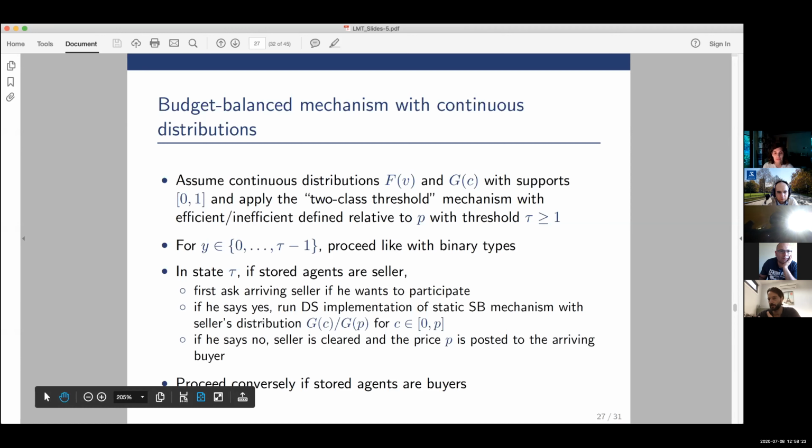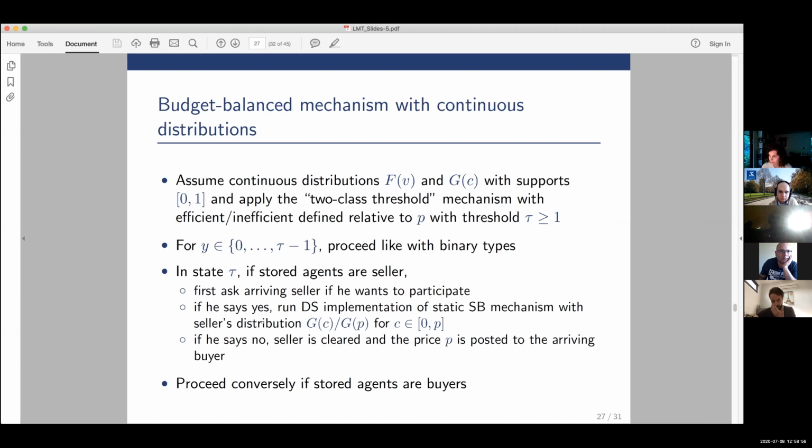And if the seller says no, you just reject the seller, and the buyer is going to trade if and only if he's an efficient type, right? If and only if his type is above P. So if you look at the dominant strategy implementation of that second best mechanism, that induces dominant strategies for the seller and for the buyer as well, because if the buyer participates in the second best mechanism, well then he's got the dominant strategy.